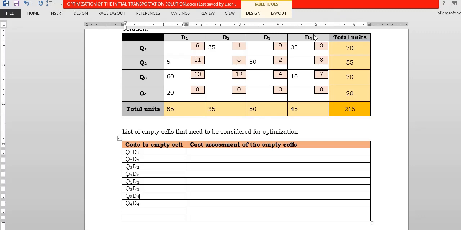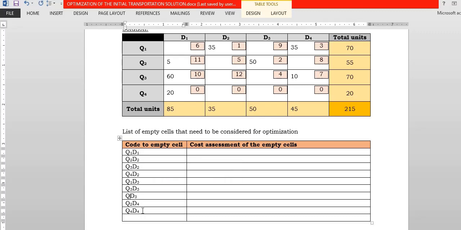Okay, so the other one is Q3D3, Q4D3. We're supposed to have had Q4D3 somewhere. I think I'm getting confused here. So this one is supposed to be somewhere here.